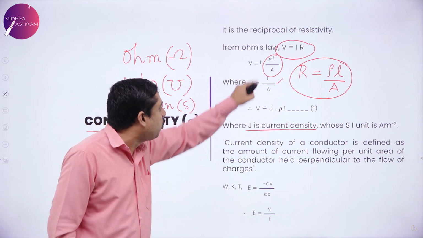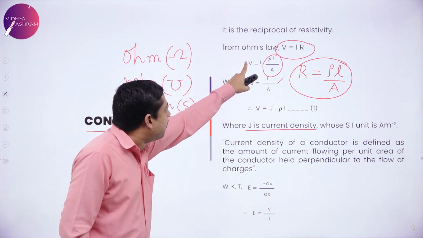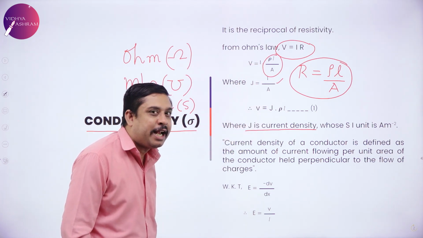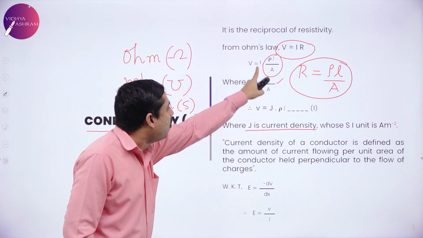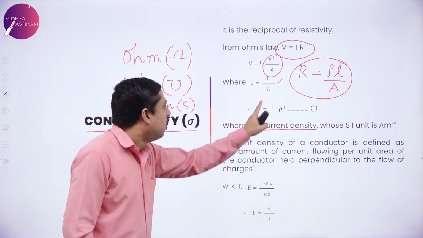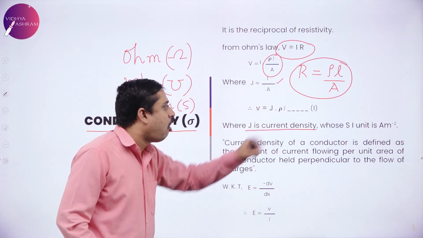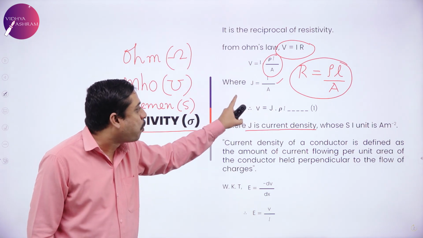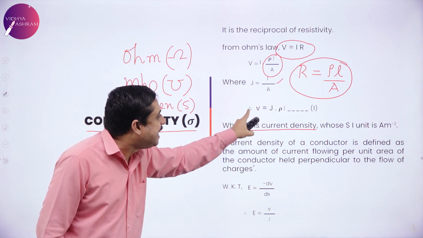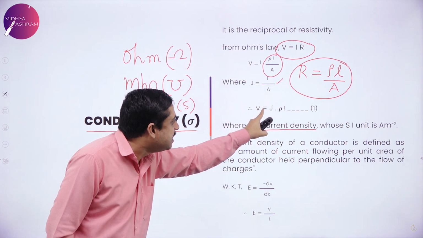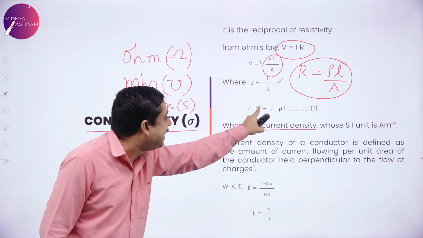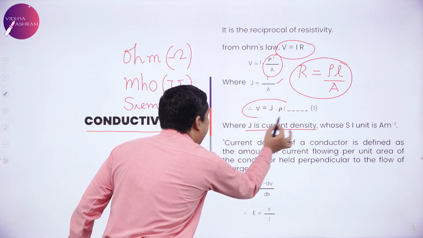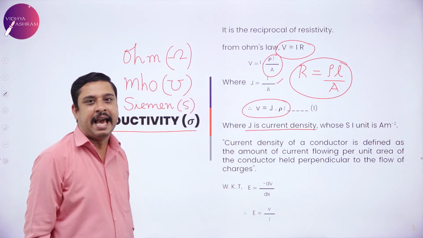So substituting here, V equals I divided by A, what did I call it? J. What remains? Rho, L, and I'm calling this equation 1. So potential in terms of current density, V equals J rho L.